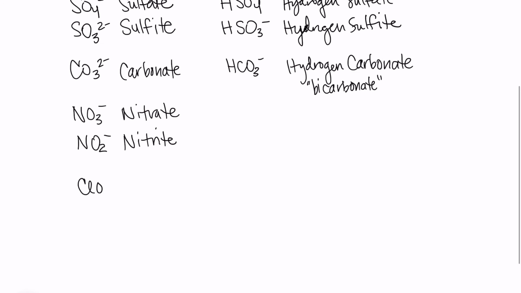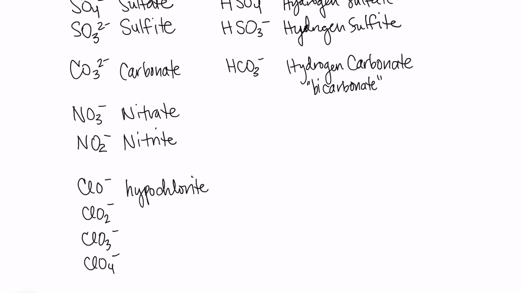We have ClO-, ClO2-, ClO3-, ClO4-. This one is called hypochlorite, chlorite, chlorate, and then perchlorate. So just like before, we've got the ite and ate relationship.